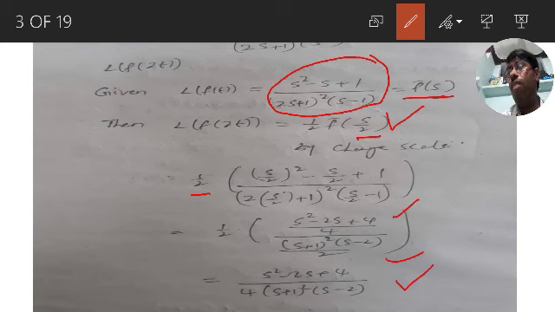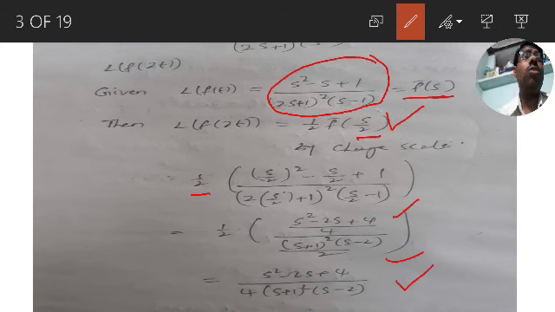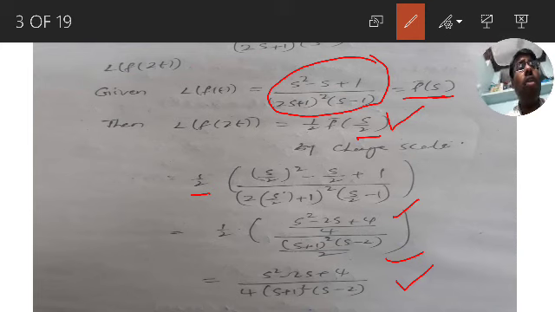L of f of t is given, and what is asked? He has asked us to find L of f of 2t. So L of f of t is given, L of f of 2t is asked. There is a change in scale, so it comes under the change of scale property. L of f of t is given, say it is f bar of s.